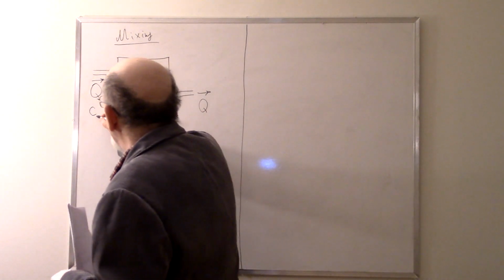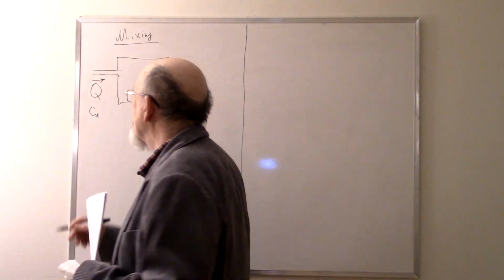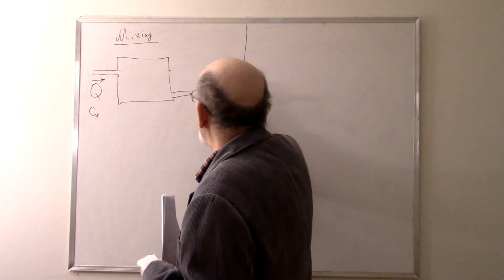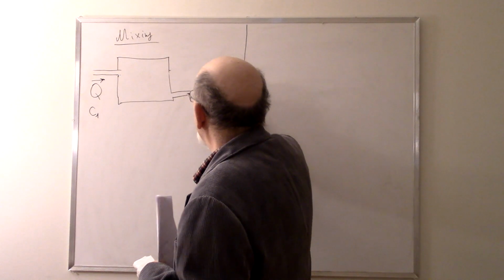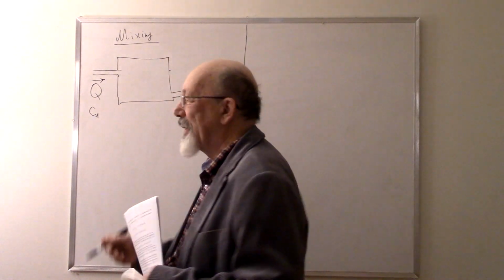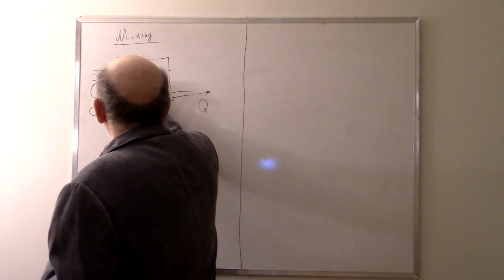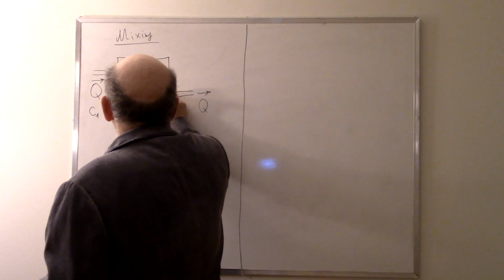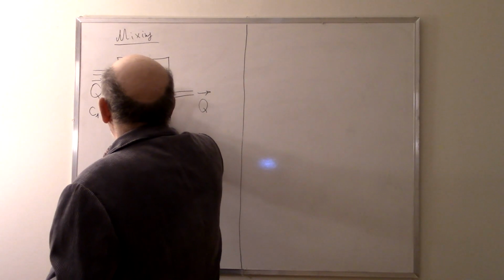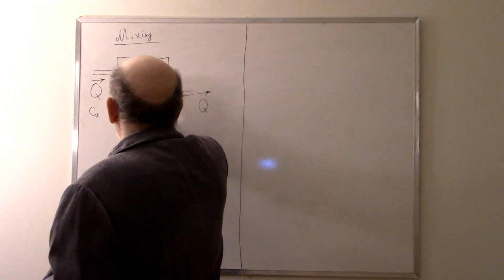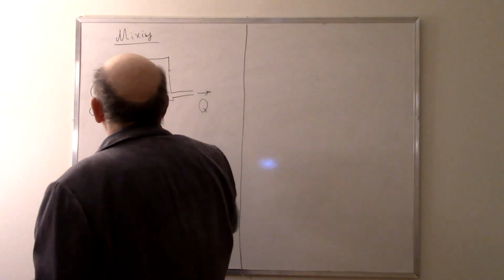Here it enters with some constant concentration C1. And here there may be different concentrations. Say in the beginning here was concentration C0, and in general here is concentration C of t. Because if C0 is different from C1, then necessarily concentration here will change.